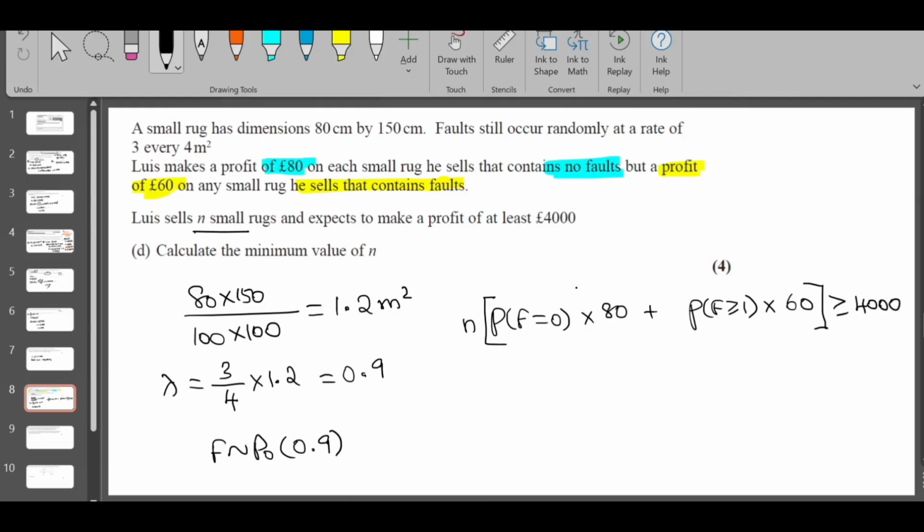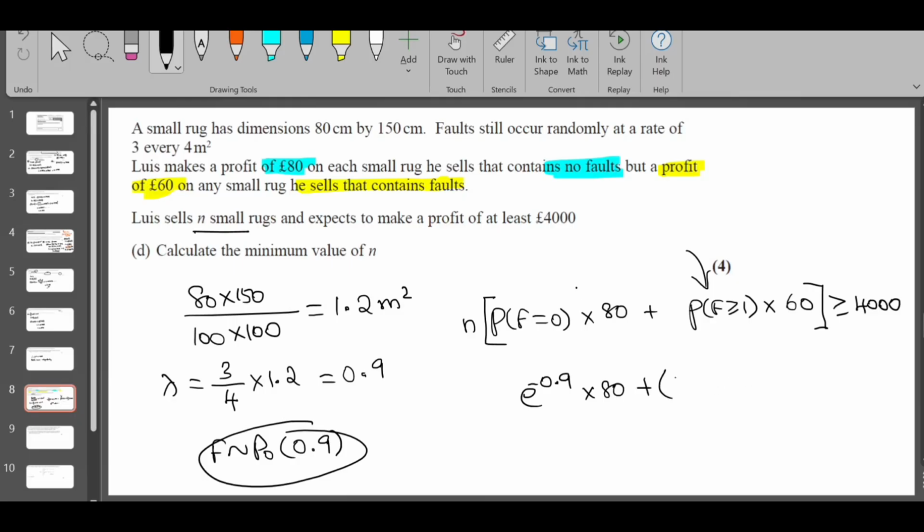So F is 0. Using this, P of F is 0 is e power minus lambda, lambda power 0 is 1, divided by 0 factorial is also 1. So just leave it, times 80, plus. You can write F greater than or equal to 1 is 1 minus P of F less than 1, or P of F is 0, right?